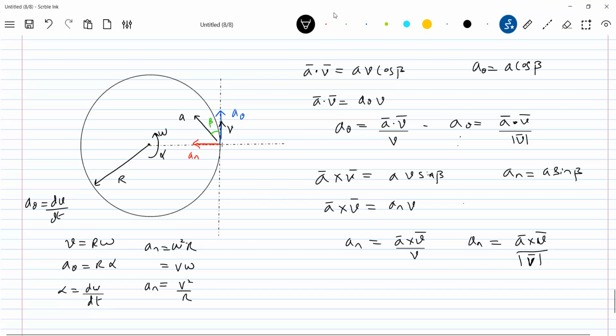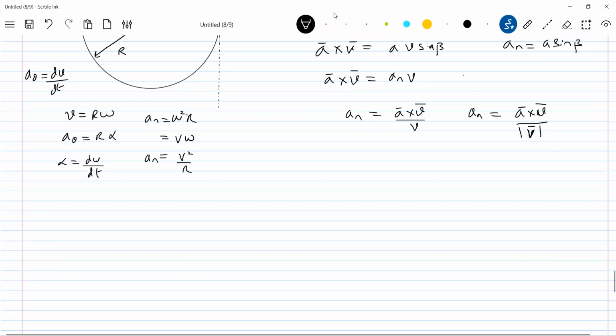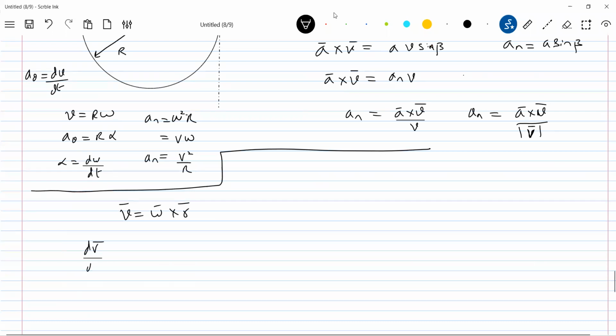Okay, now I'll show you a still easier one. We know V equal to omega cross R bar. Let me differentiate this. You'll be surprised to see the way I'm bringing so many methods here. R bar cross d omega bar by dt.